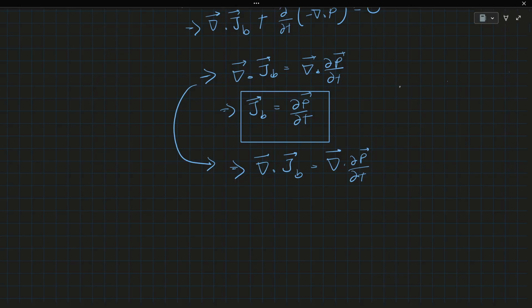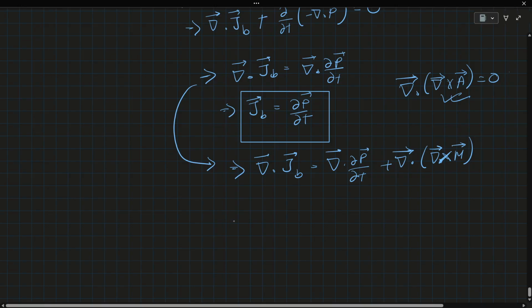But we all know that the divergence of the curl of any vector is 0. I am going to use this property, so I can now add a term here, del cross m. Why I am taking the magnetization factor, I will tell you.